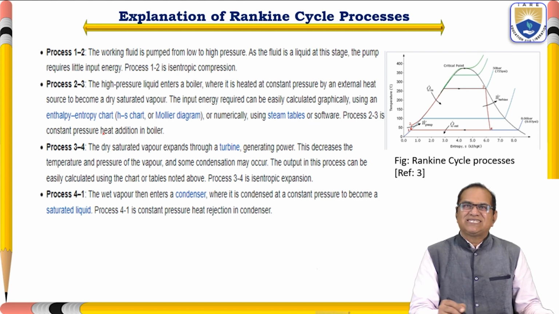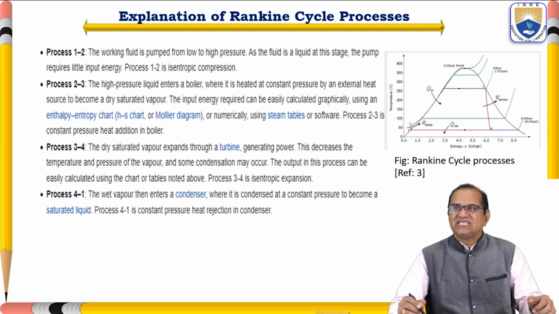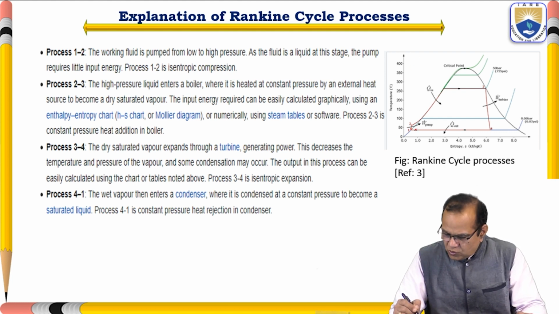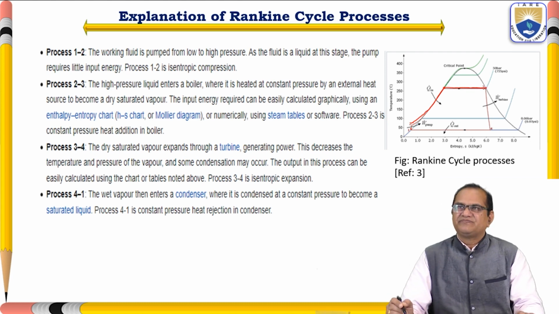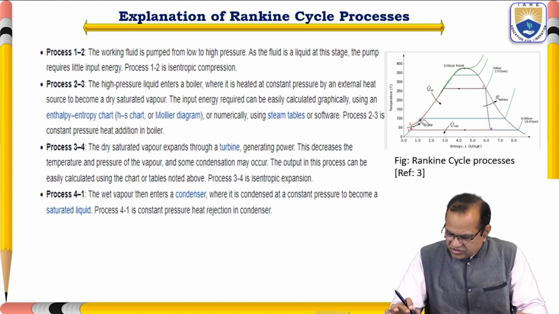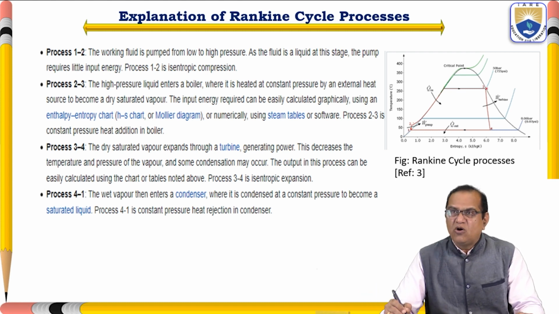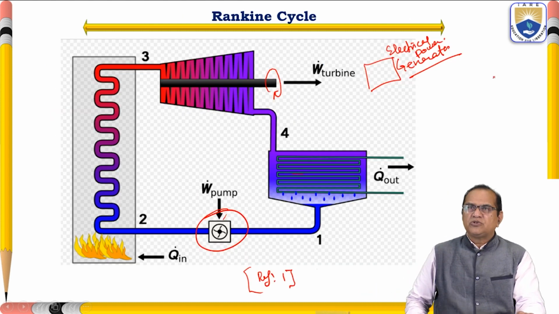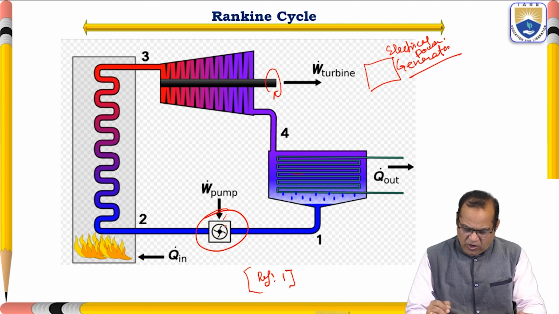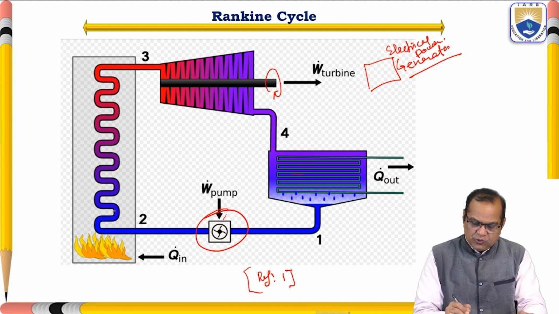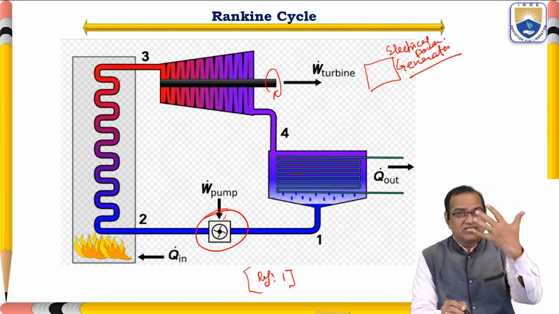Process 2-3 is constant pressure heat addition. So from here to here, from 2 to 3, it is a constant pressure heat addition. Now we have reached 3. In this diagram, 1 to 2 is the pump, then 2 to 3 is in the boiler where steam is made.